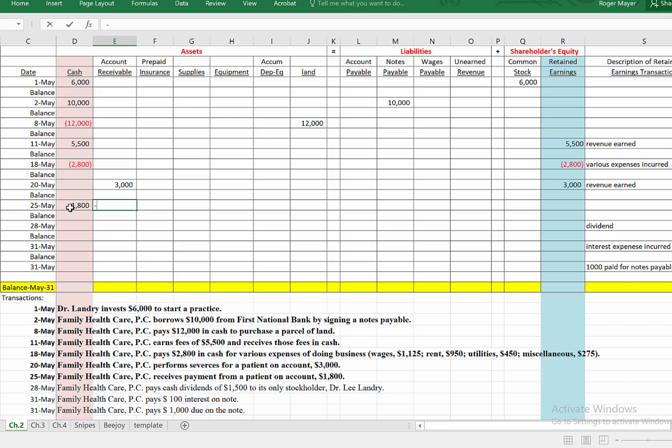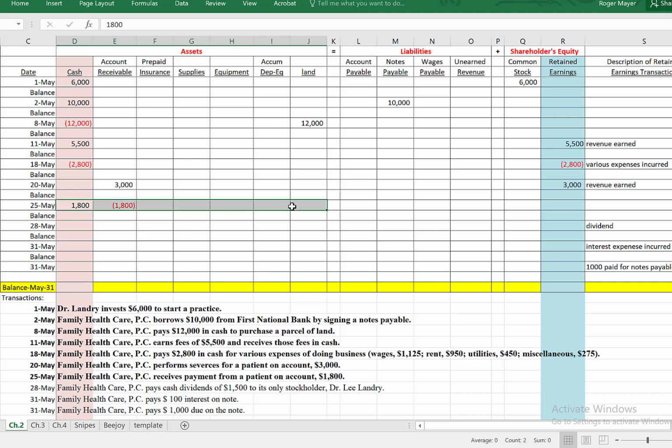So the patient, we're assuming it's a he, could be a she, pays us $1,800. So the patient now owes us $1,200, no longer owing us $1,800.